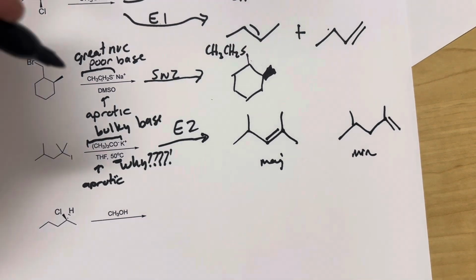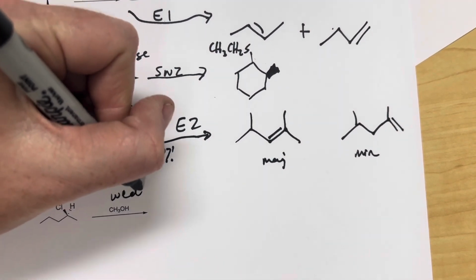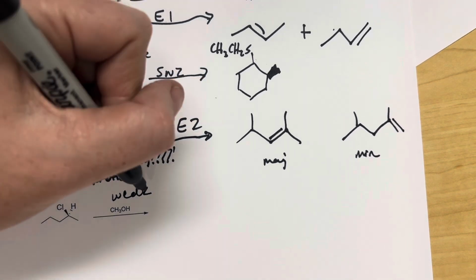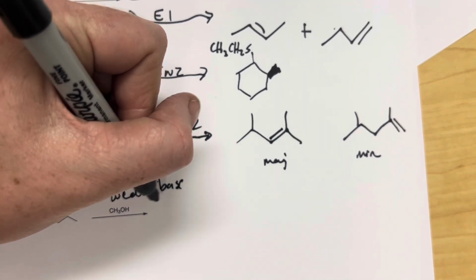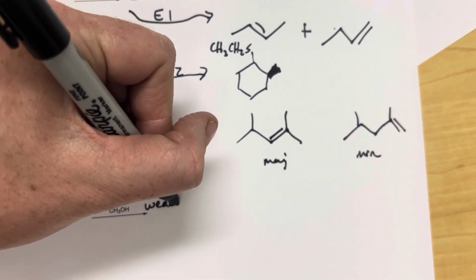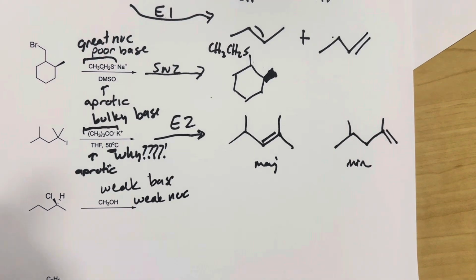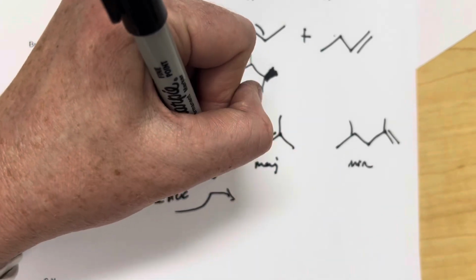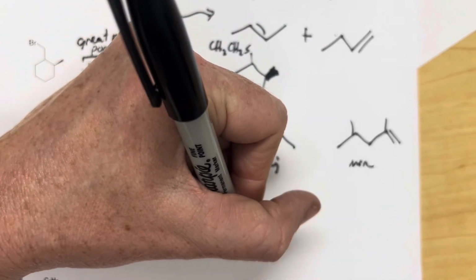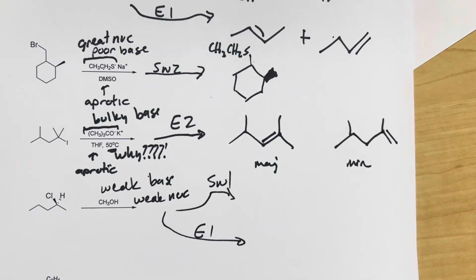On this next one, this is a weak base. This is a weak nuke. We've come across these over and over again at this point. So weak base, weak nuke, we know that's going to go via SN1 and E1.